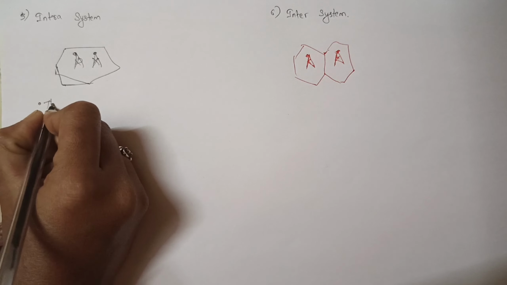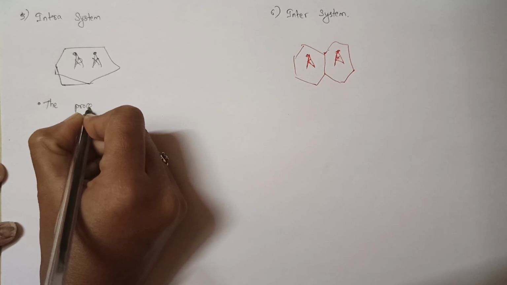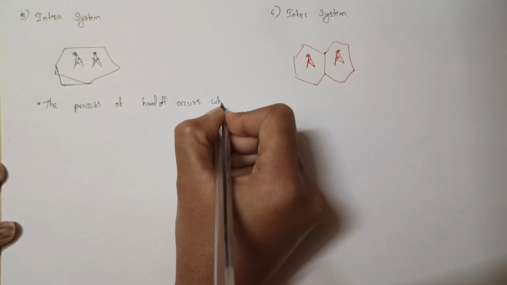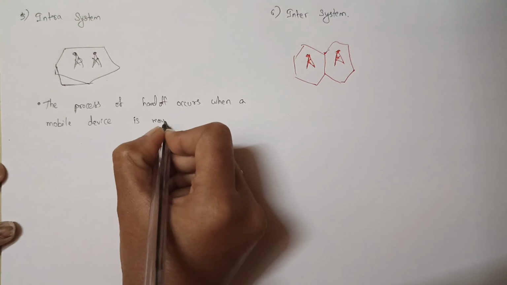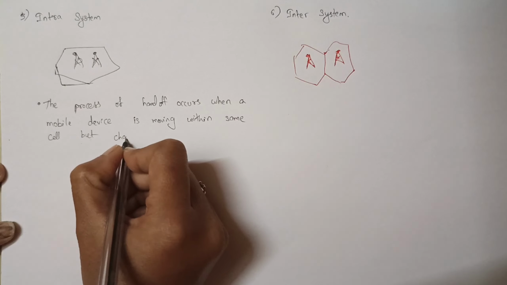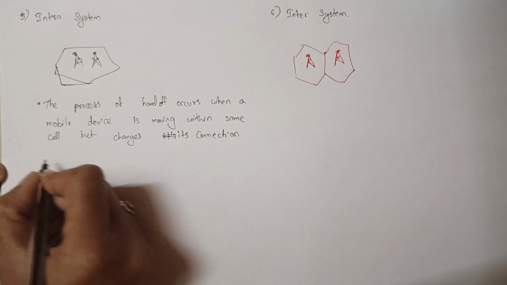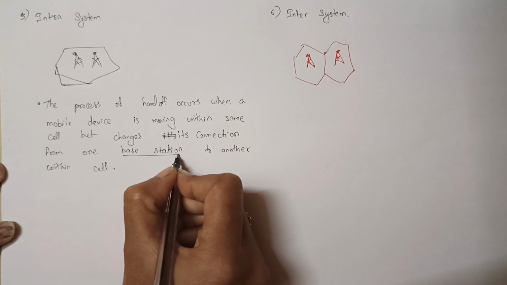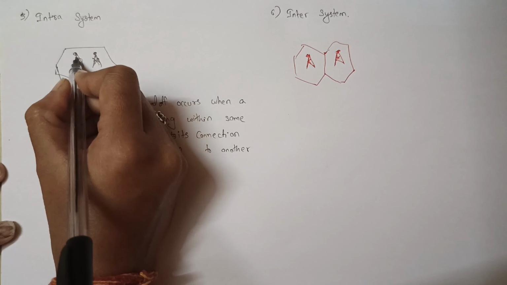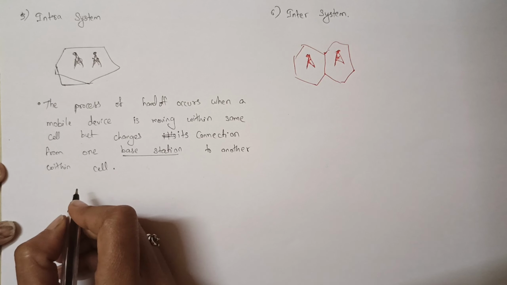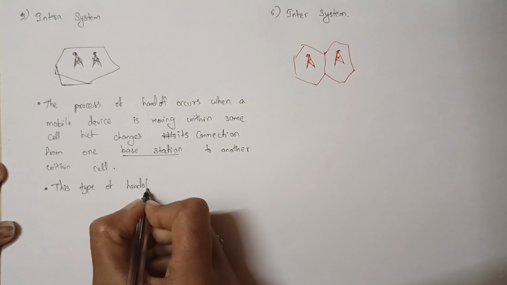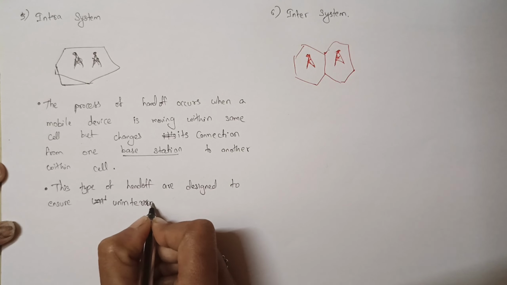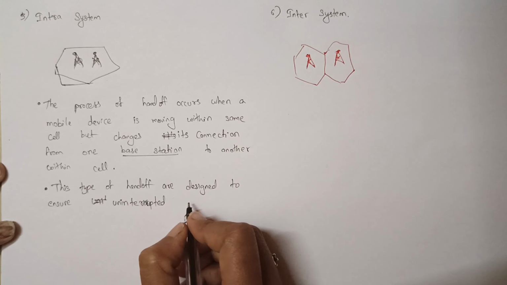First, here the process of handoff occurs. See here, the base station and this tower are the same. There is no difference, okay? This is uninterrupted.